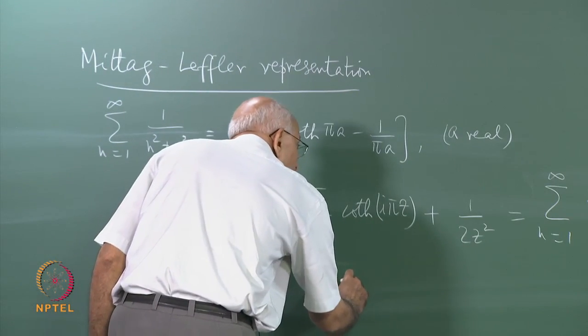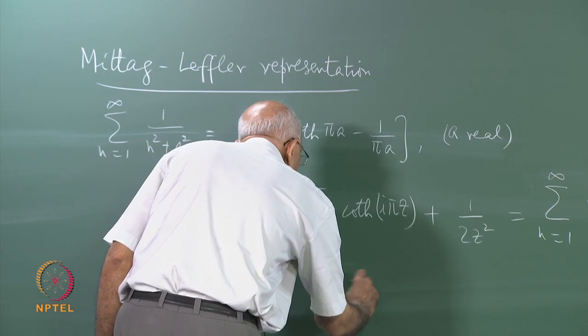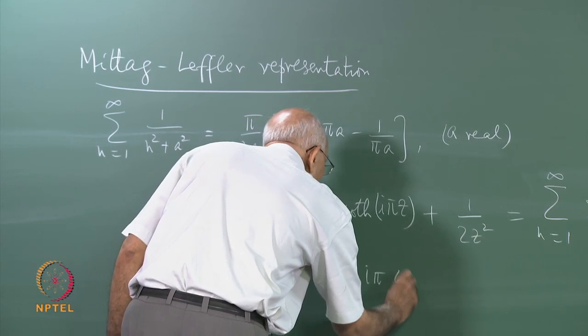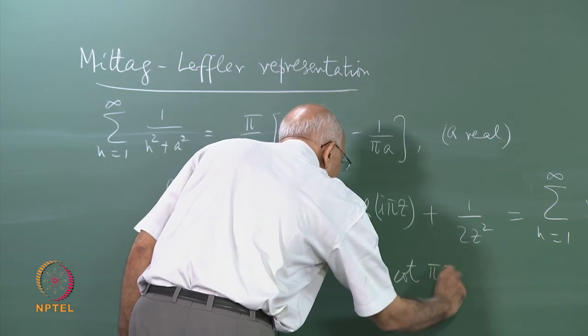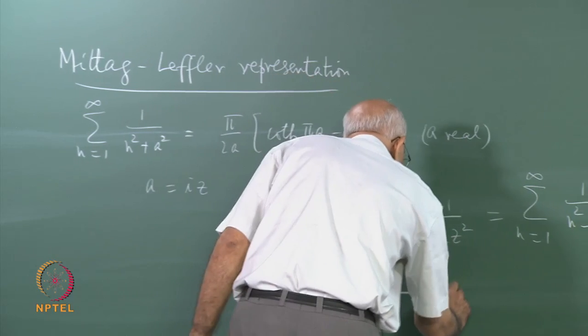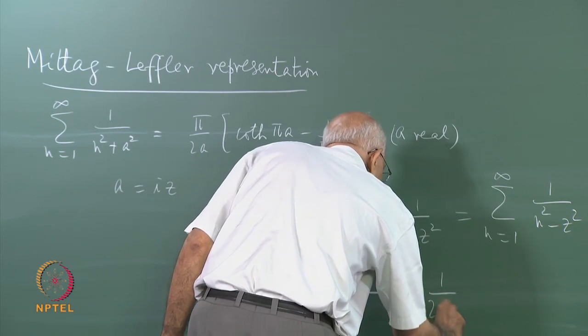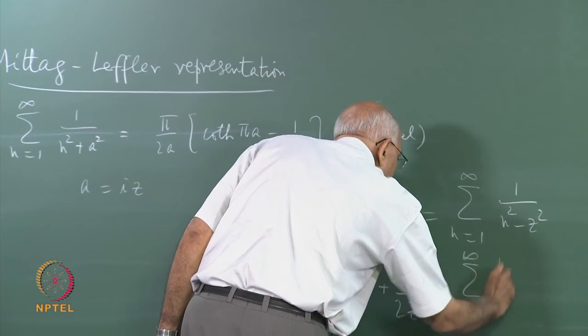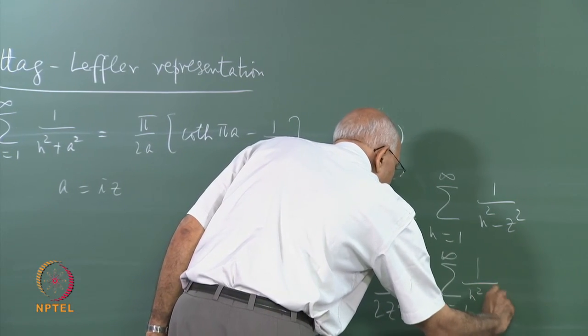It is minus I pi cot pi z divided by 2 I z plus 1 over 2 z squared equal to summation n equal to 1 to infinity 1 over n squared minus z squared.